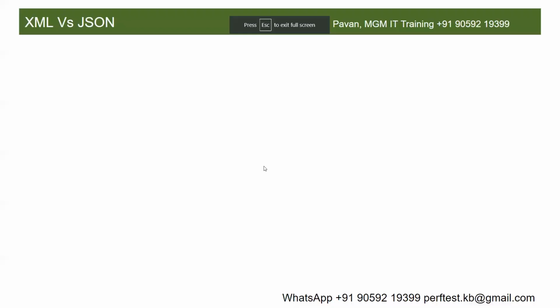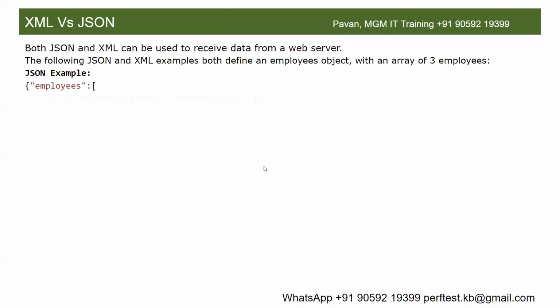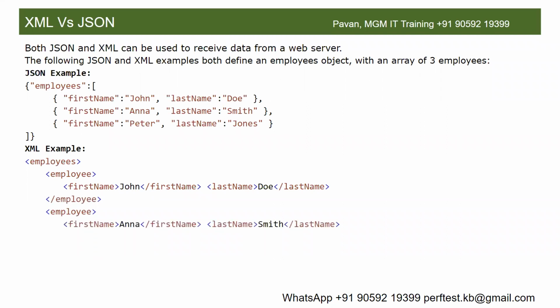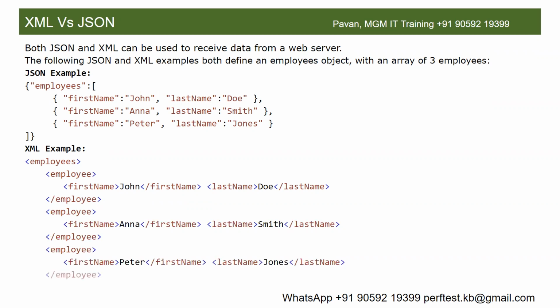Suppose there is data of 3 employees that should be transferred from one application to another application. This is how the XML and JSON content looks. If the application uses XML, this is the information of 3 employees: first name and last name information. It will have an XML starting tag.